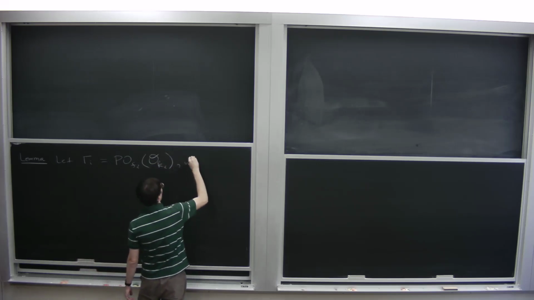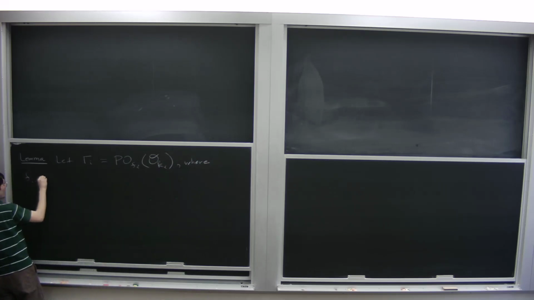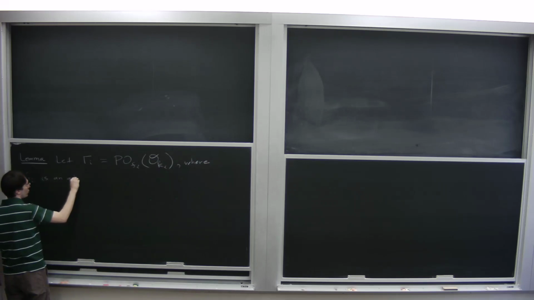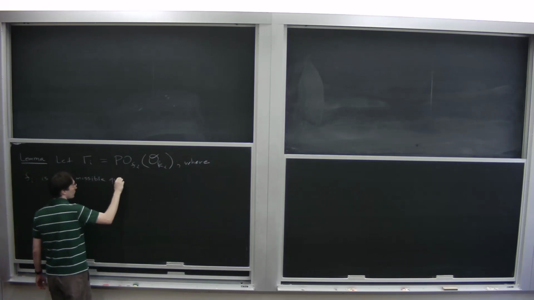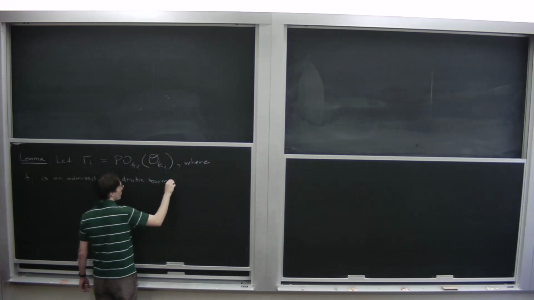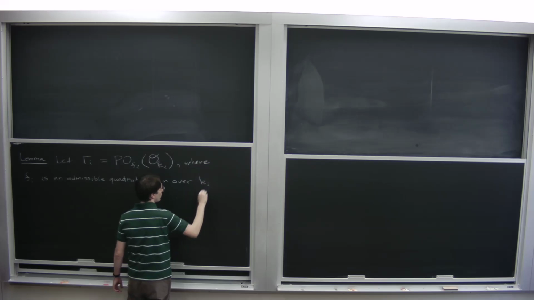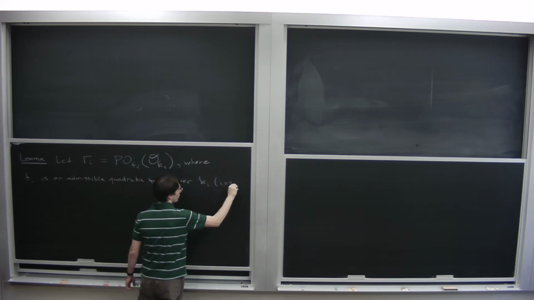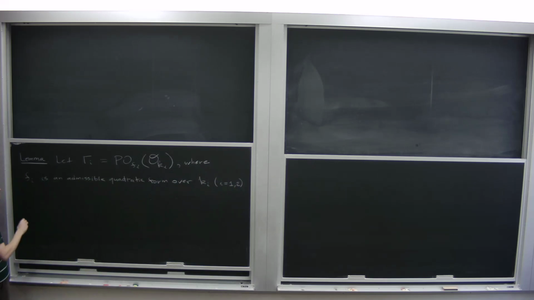So I'm writing here where Fi is an admissible quadratic form over the field Ki. So then gamma 1 is commensurable to gamma 2.